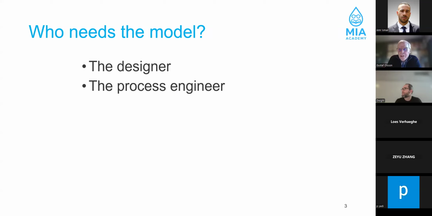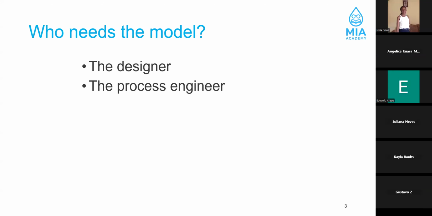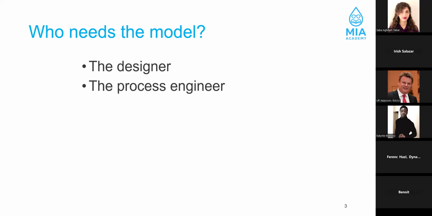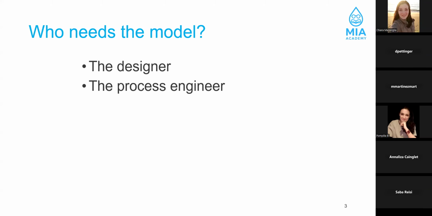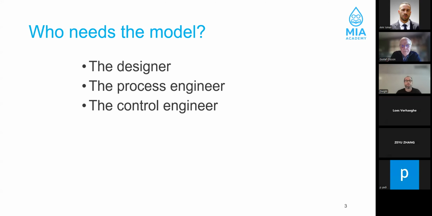The process engineer at the currently operating treatment plant needs another kind of model. He or she would like to have a model that could explain what's going on, or help to track a fault, or predict a few hours or days ahead. That may be another kind of model. Now the control engineer needs a different kind of model.